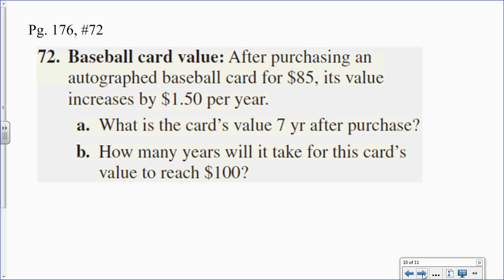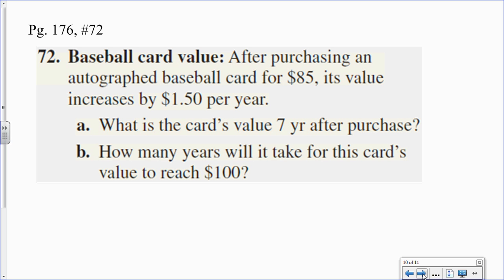So remember, this is the section on linear graphs. So all these word problems here will be linear equations. It doesn't tell us we have to write an equation here, but I'm going to go ahead and do it because it's not hard to do, and because it can make solving, especially part B, easier.